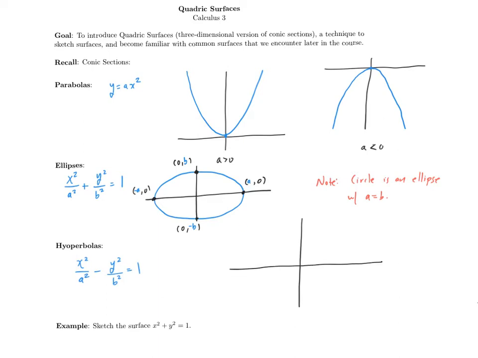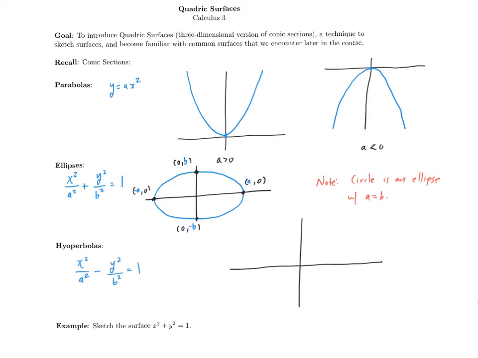And the question is really just, do they open away from each other along the x-axis or along the y-axis? And how I remind myself of this is to think of the intercepts. If you wanted to find y-intercepts, you would set x equal to 0. And just for a moment, imagine this first term was not there.